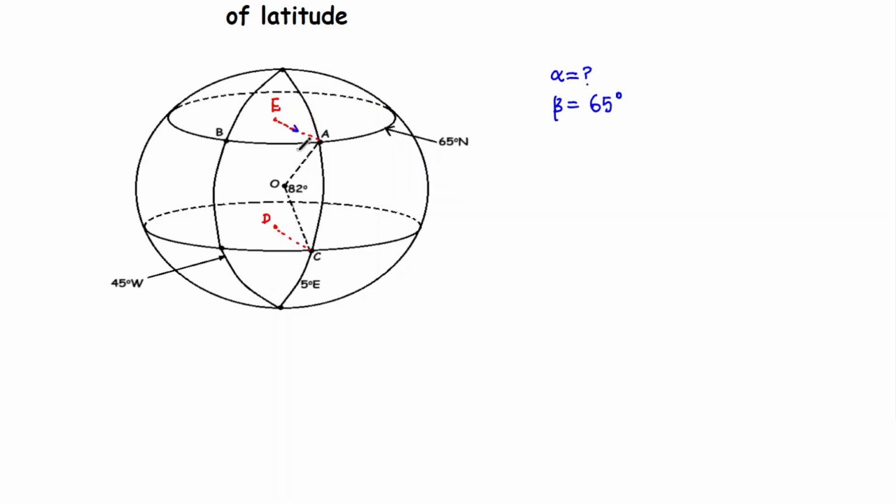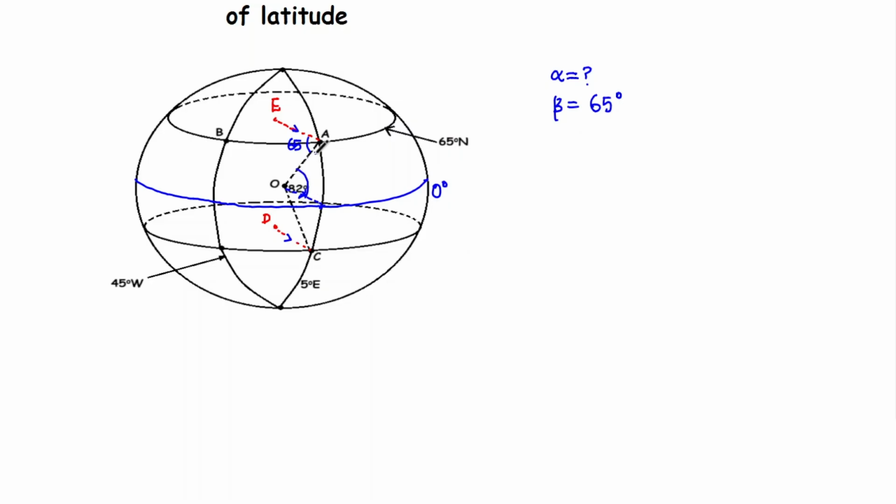So for us to be able to get this alpha, we'll take a look here. This line and this line are parallel. If they're parallel, the same angle here is 65. So if this is 65, of course we know that the latitude is 0 degrees around there. Now when you join this point up to here, this line is parallel to the two lines here.